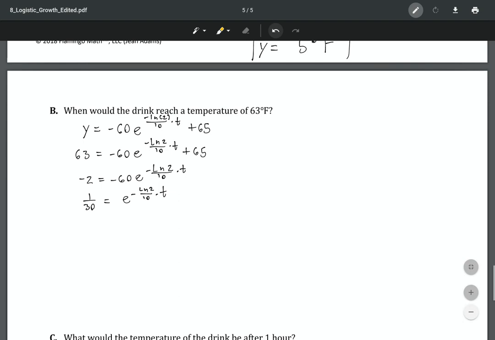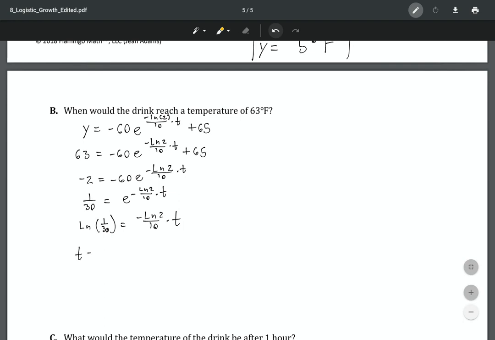Let's see. So now I'm going to use the natural log on both sides. Ooh, yeah, that is pretty crazy looking. So when I use the natural log on both sides, it's going to be the natural log of 1 over 30 is equal to negative natural log of 2 over 10 times t. All right, and then now finally I'm going to multiply both sides by the reciprocal of the negative natural log of 2 over 10.